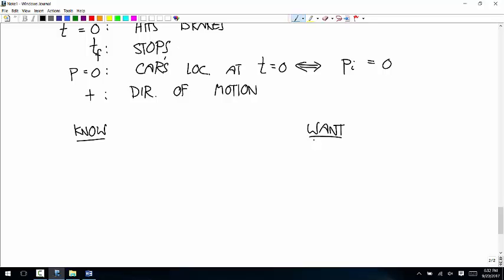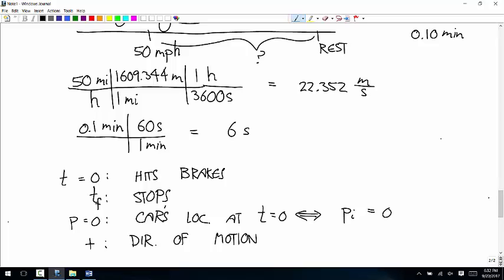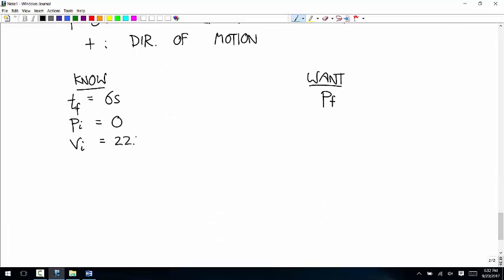Time final, we know that. That's 6 seconds. Position initial is 0. Position final is what we're trying to find. Initial velocity is 22.352. Final velocity is 0.